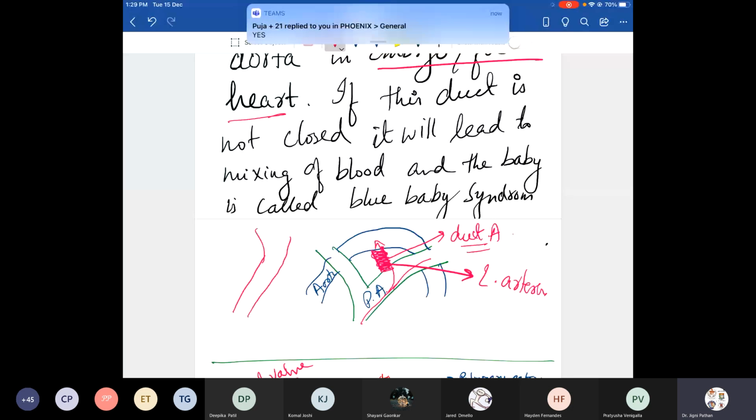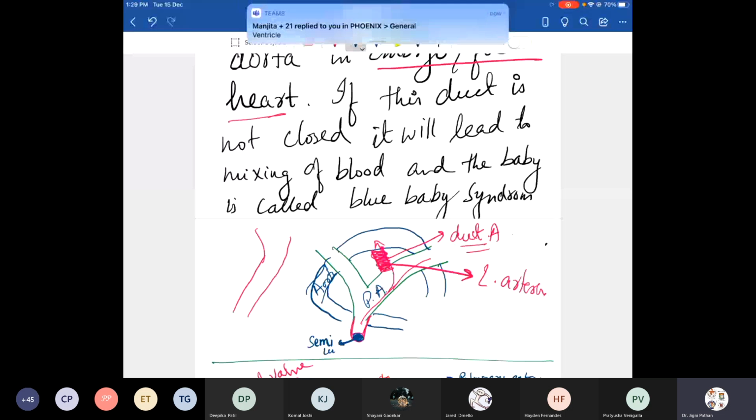Ramachandra, tell me, the pulmonary artery is coming from where? Right ventricle, right? So this opening is guarded by a valve called the semilunar valve. Got the point, Ramachandra?